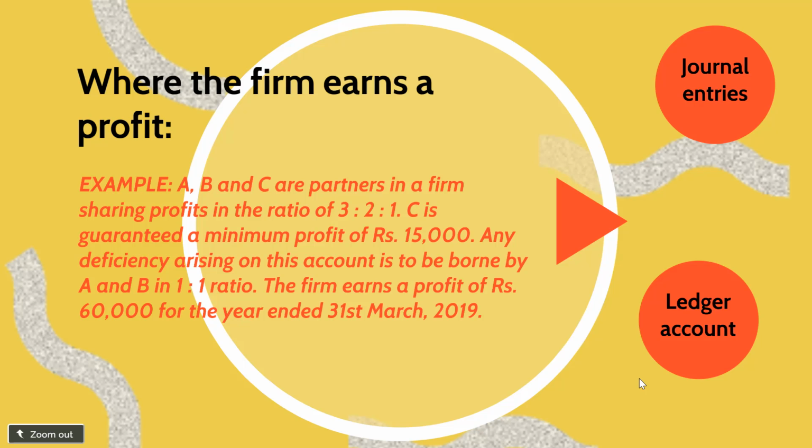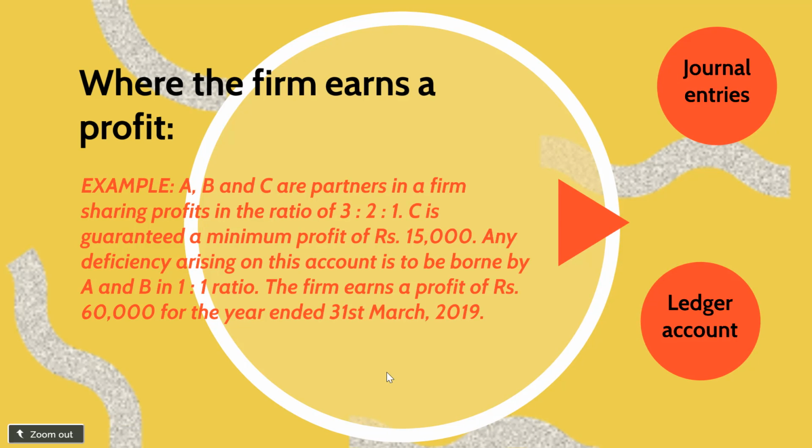So the amount of deficiency is rupees 5,000, and in this sum they have mentioned that A and B will bear the deficiency of rupees 5,000 in 1:1 ratio. Therefore, the deficiency to be borne by A is rupees 2,500, which is rupees 5,000 into 1/2, and also the deficiency to be borne by B is also rupees 2,500.